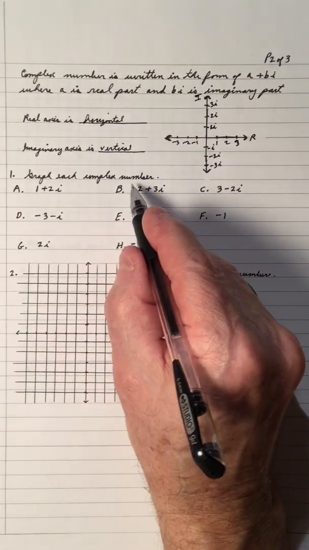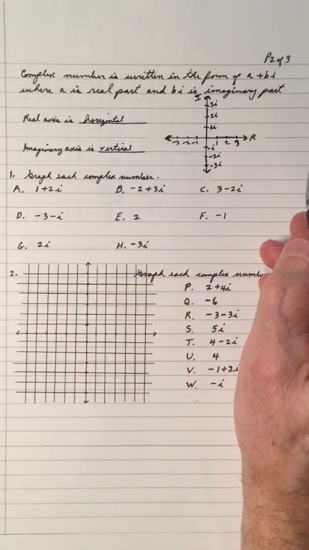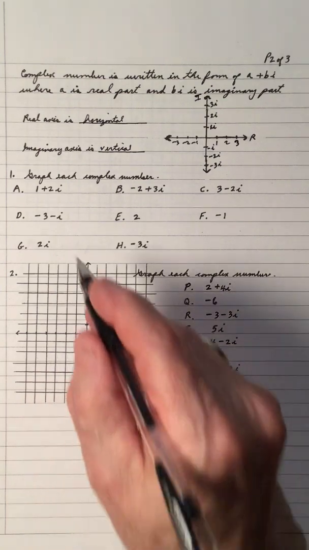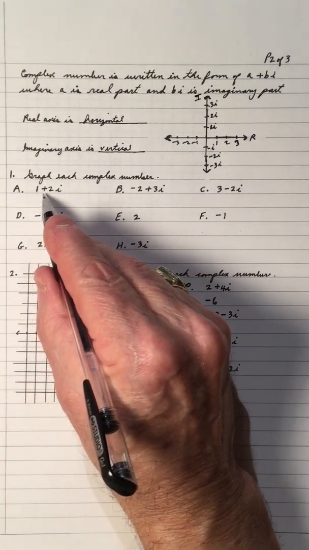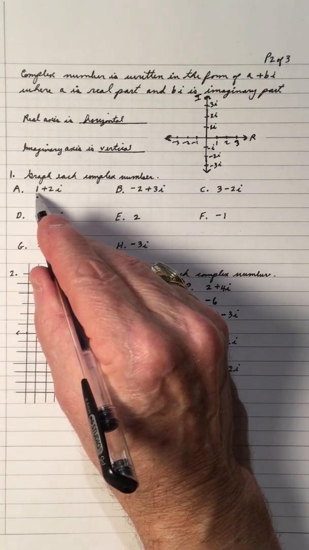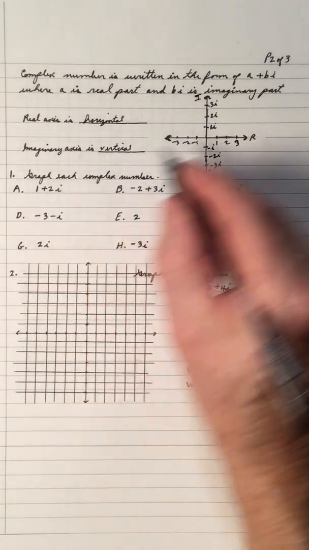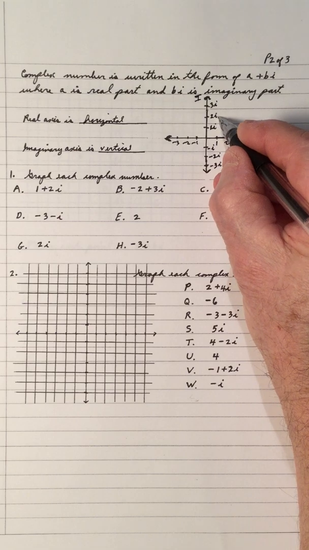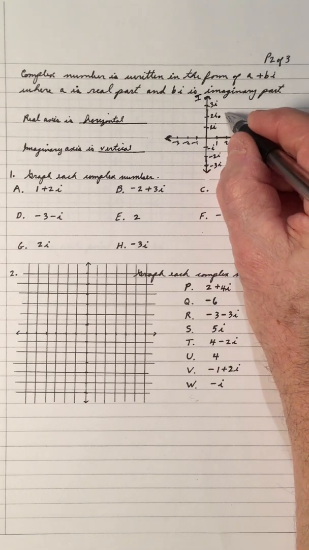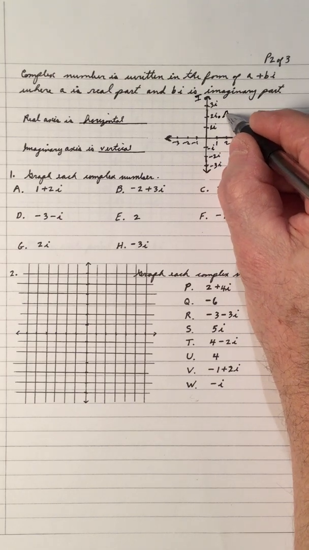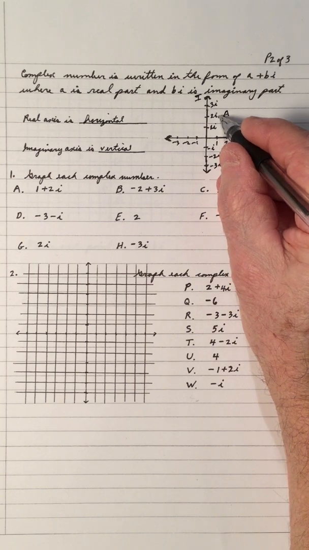Let's graph each complex number. In relation to 1 plus 2i, 1 is the real part, so 1 is right here on the real axis, and 2i is on the imaginary, so this dot right here is A. 1 on the real, 2i on the imaginary.